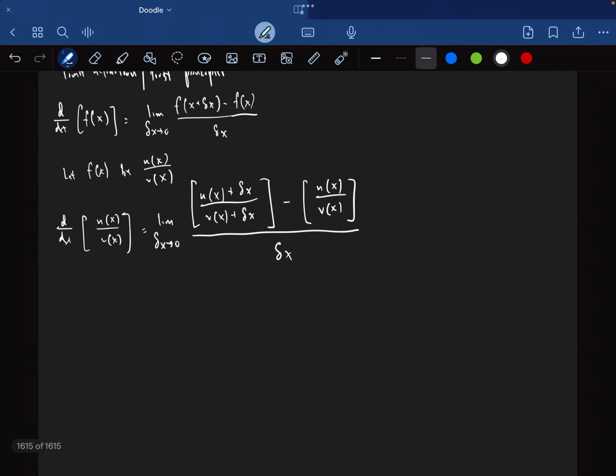Right, so what I would do here is to make the numerator change into the same denominator, so we express them in a single fraction. Right, so let's head on to it.